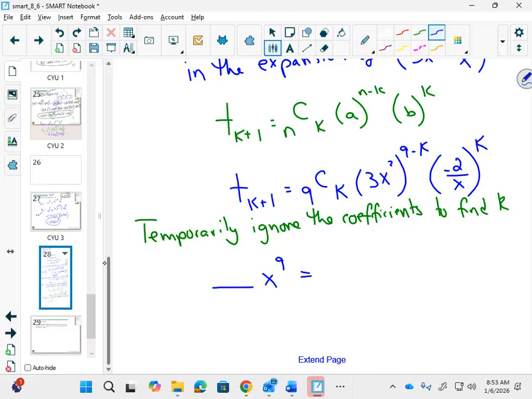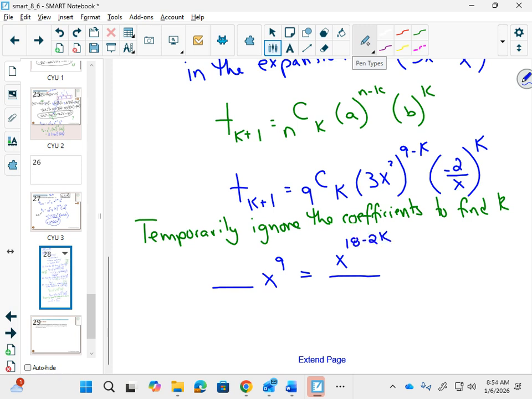So on the right-hand side, if I ignore everything, that's going to be a number. Can you see that you can ignore the 9 choose k? That's just going to be a number. I'm going to ignore it from now. I'm going to ignore the 3. But here, I'm going to have an x squared. Actually, I'm going to simplify it right away.